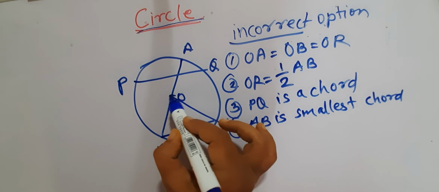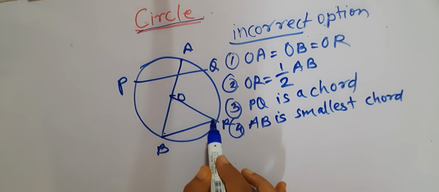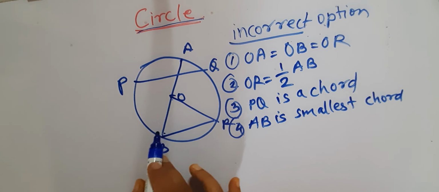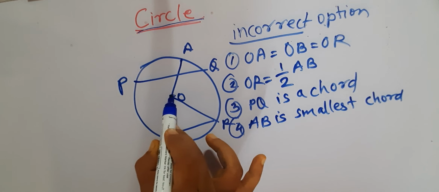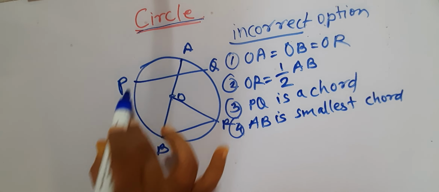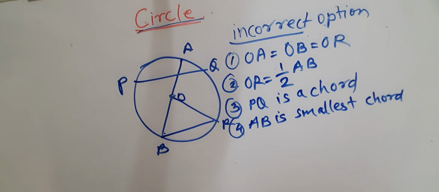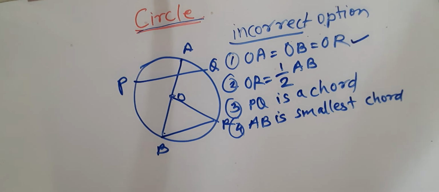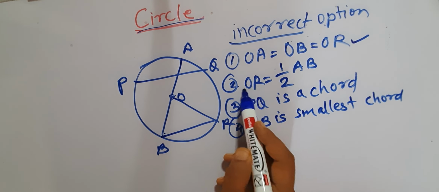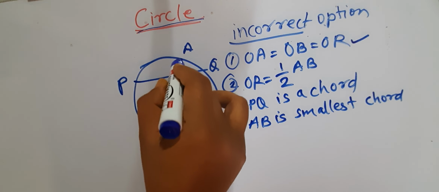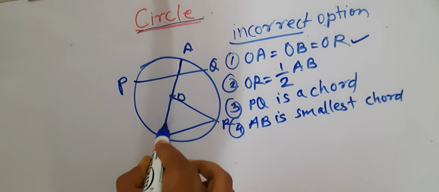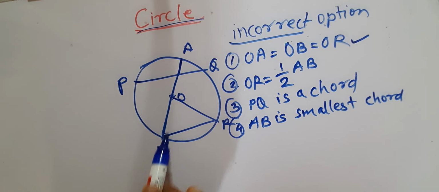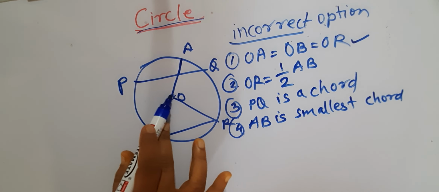Now OA, OB, OR, we know these are all radii of the circle, because each is a line segment joining the center of the circle to a point on the circumference, and radius is always of the same length. So this one is correct. This is not our answer. OR equals half of AB. Now AB is a diameter of the circle, because it is a line segment joining 2 points on the circumference and it goes through the center.